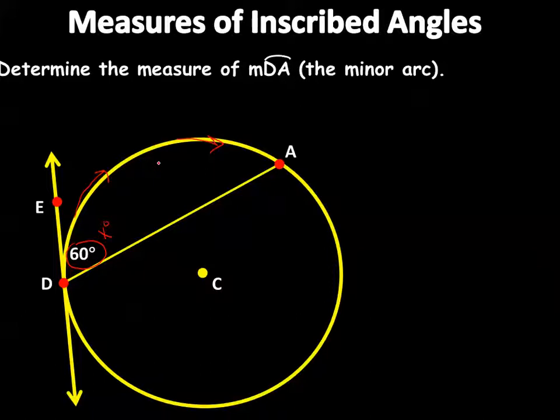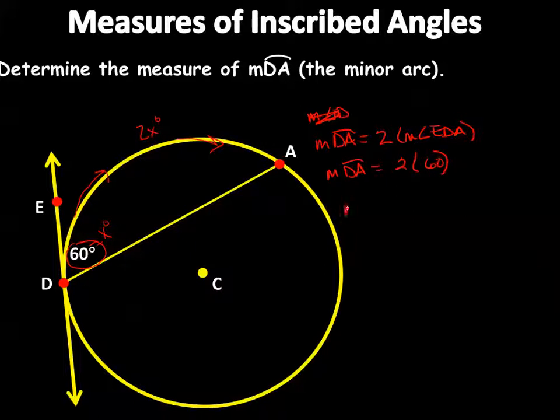So remember, x degrees to 2x degrees. The measure of arc DA equals 2 times the measure of angle EDA. So the measure of arc DA equals 2 times 60. So the measure of arc DA, make sure it's an arc, it doesn't look like a segment, is going to be 120 degrees.